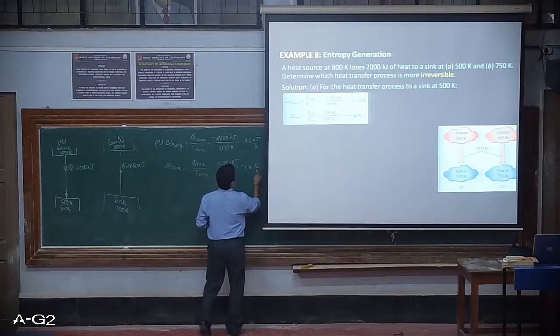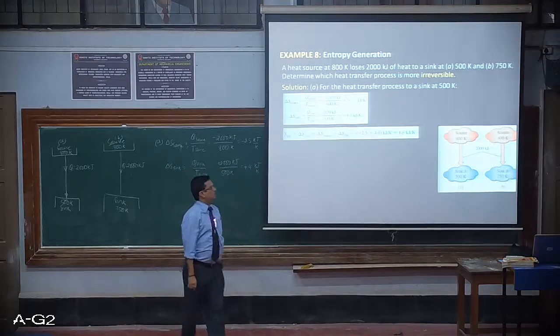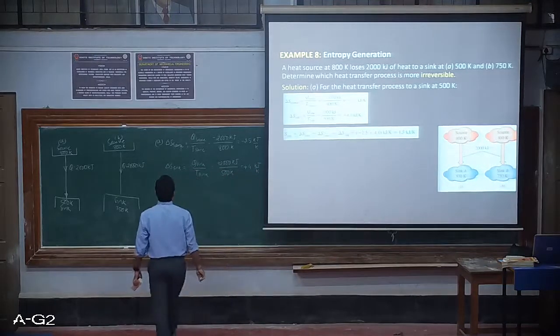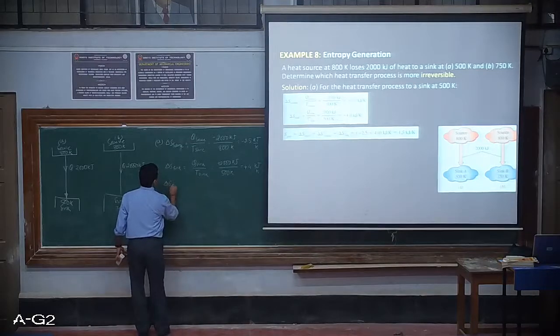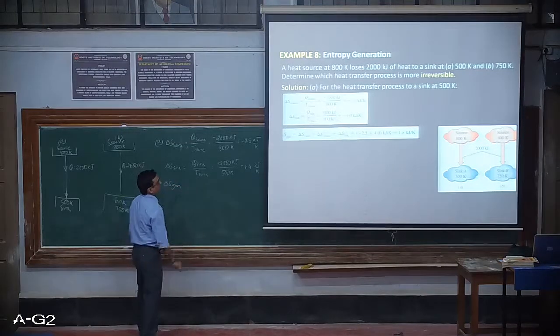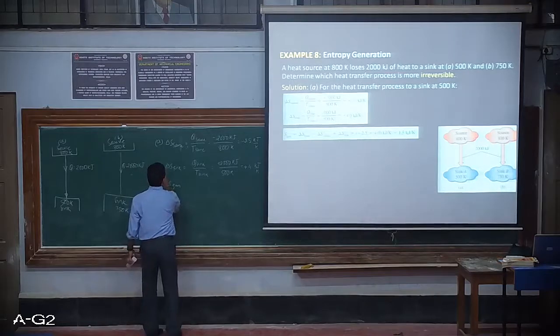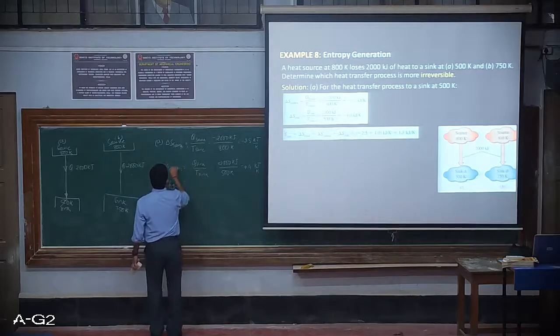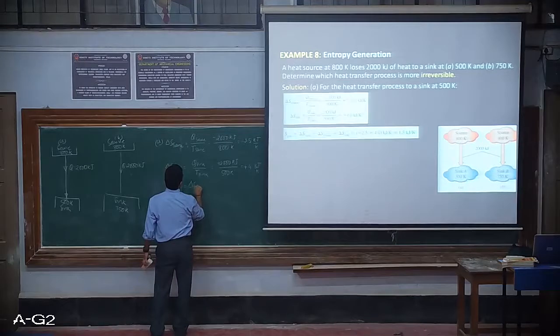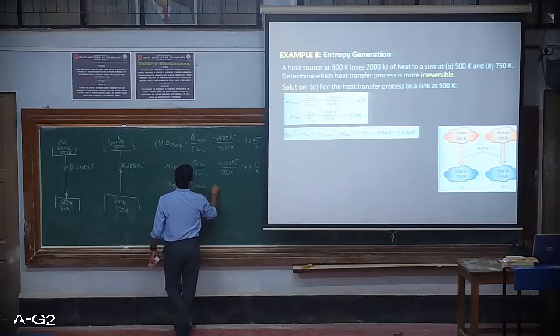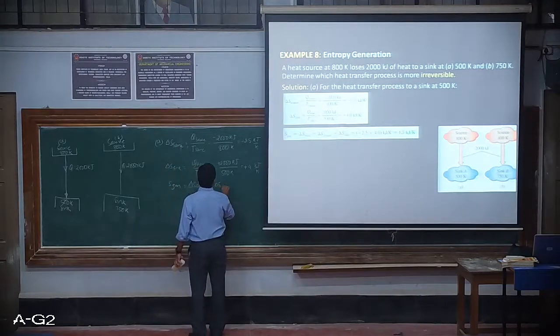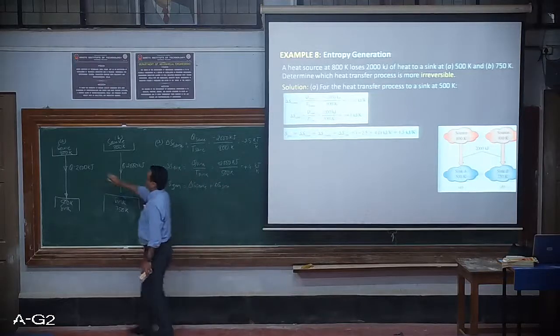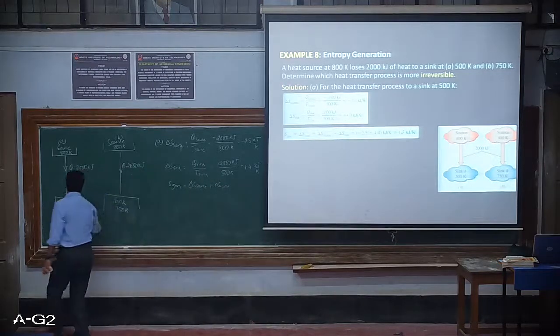Now to evaluate delta S gen, or S gen for that matter, generation of entropy, is equal to the sum of these two, delta S of the source plus delta S of the sink, as we have only these two as subsystems of the system under consideration.